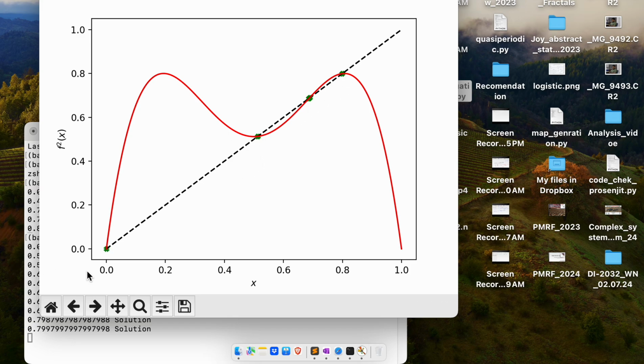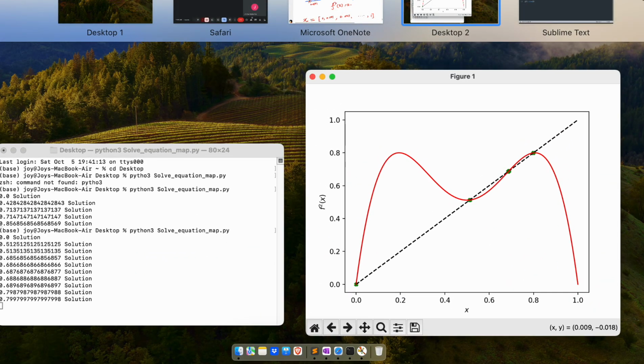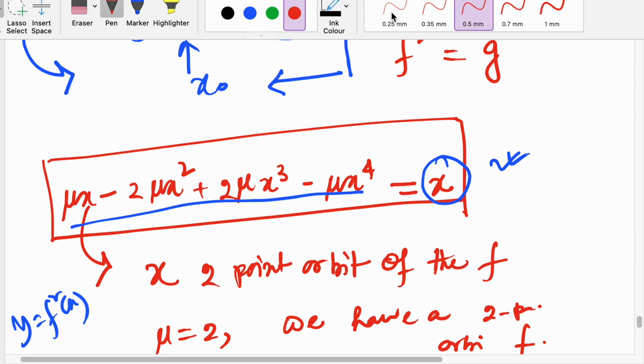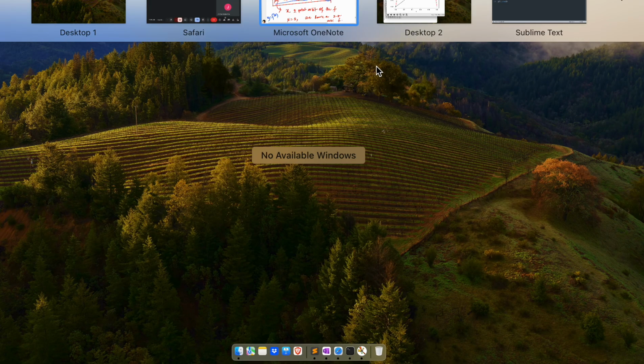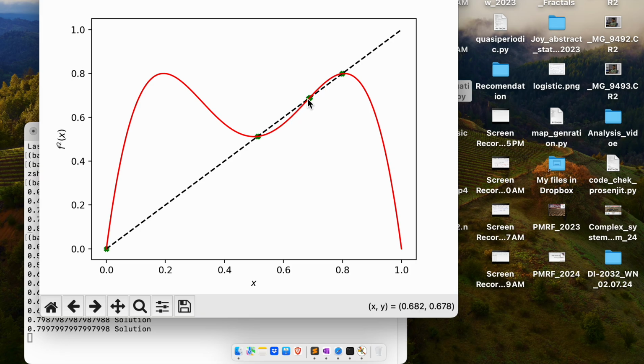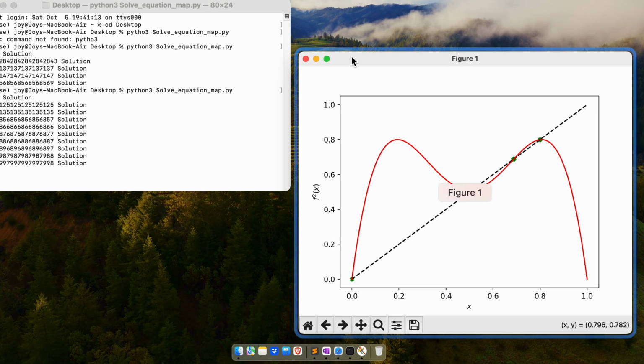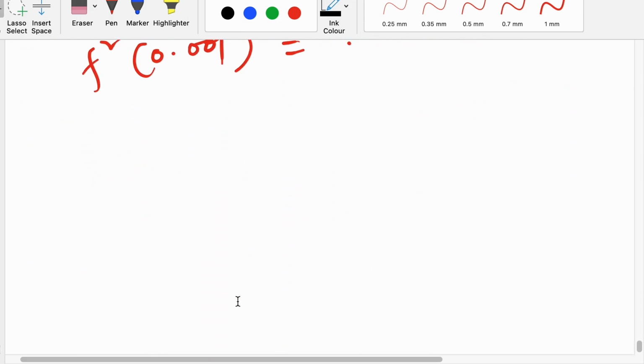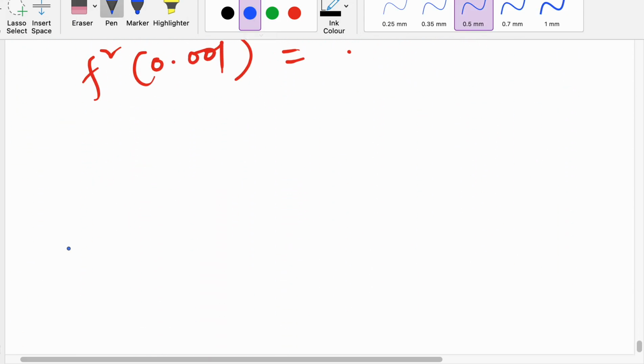So this 0 point is obvious, because it is a trivial solution of this equation: if I put x equal to 0, the left side becomes 0 and the right side also becomes 0, so that is obviously a solution. Then there are the second and third solutions, and one thing I want to say is why there is a fourth solution. Let me think this way: suppose there is a point x0 which is a fixed point of f.